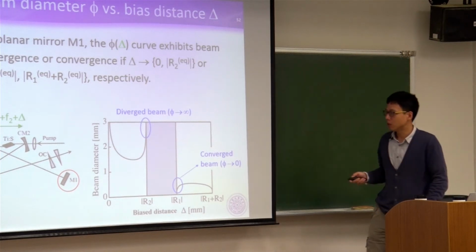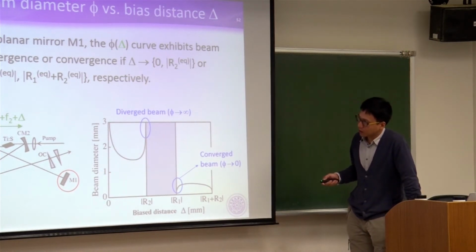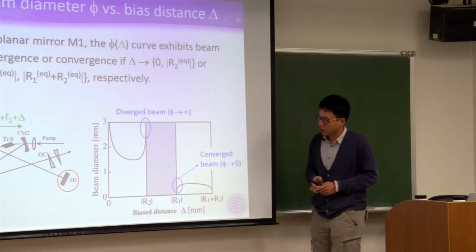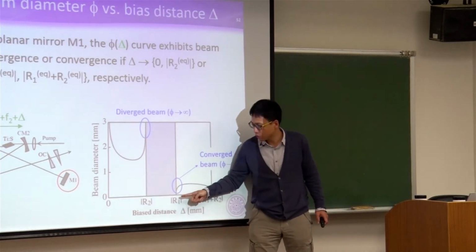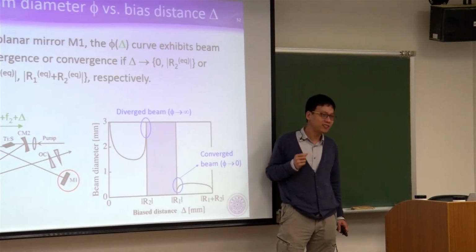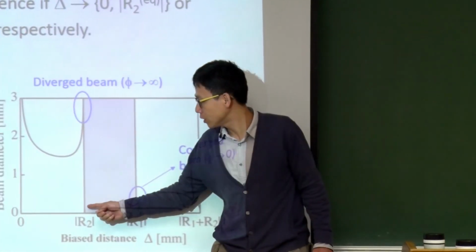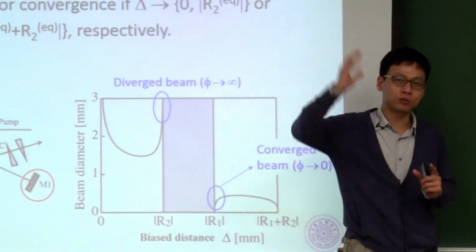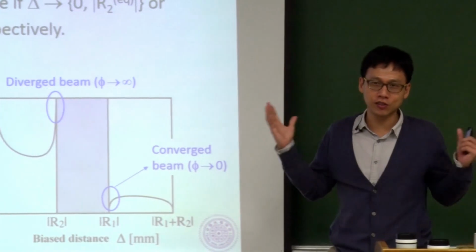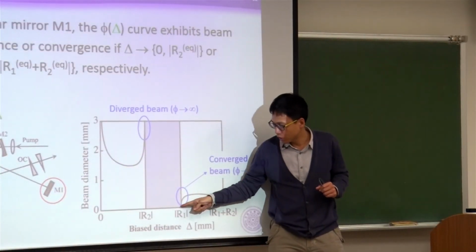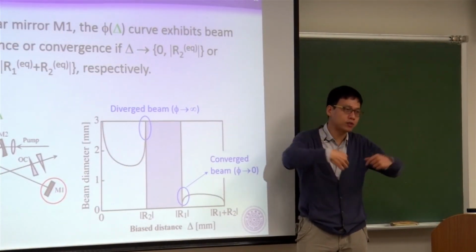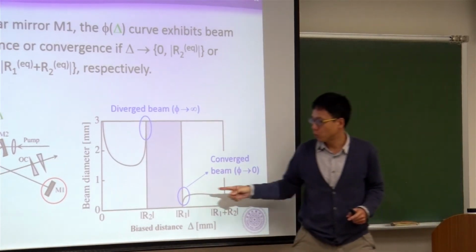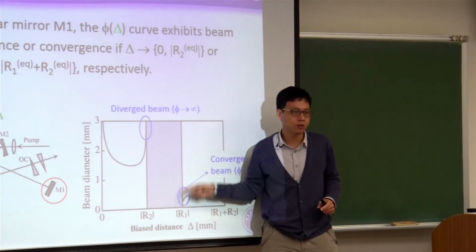那它的意思是什么？横轴就是我这个 curved mirror 的 separation，tune 到这个位置会发生什么事？我在 M1 这里看到的 beam 会快速增加，跑到无限大，divergence。If close to this position, 快速减少，变成无限细, convergence. And within this range, this is the forbidden region.